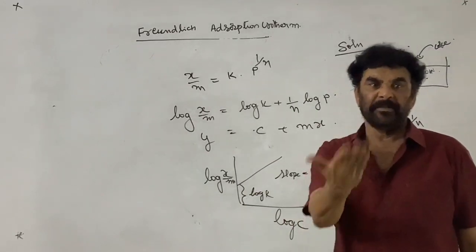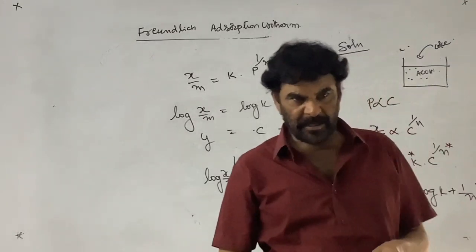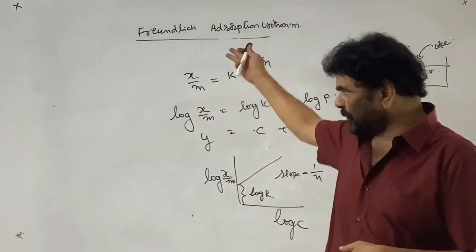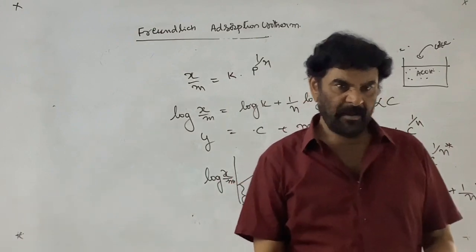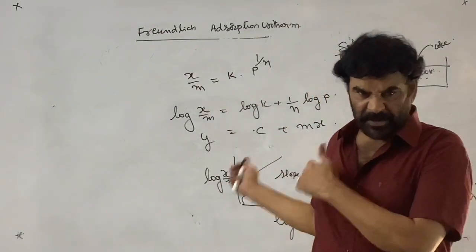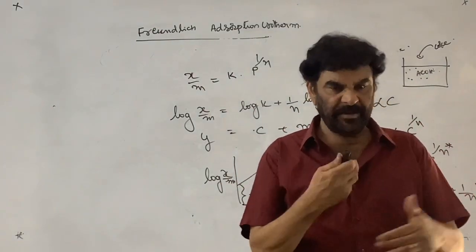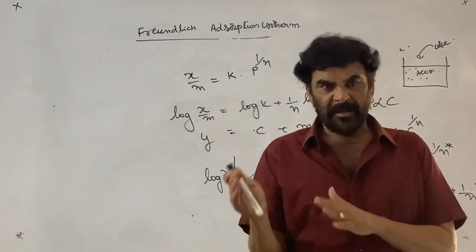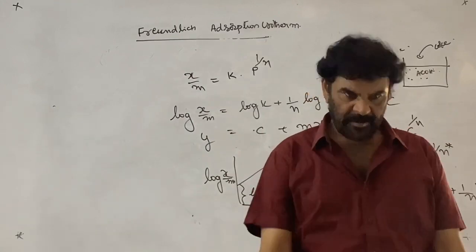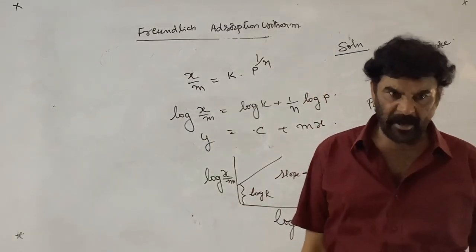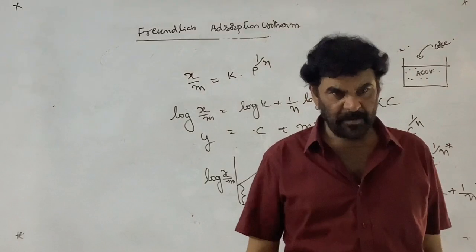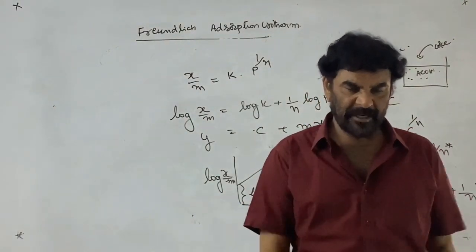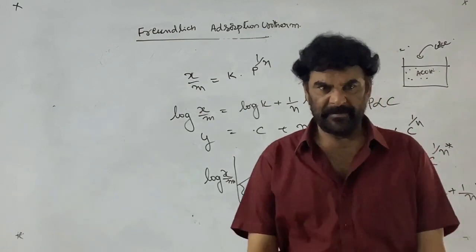In order to explain the behavior of the extent of adsorption of a gas in terms of pressure, when the pressure is varied, Langmuir proposed another adsorption isotherm, supported by a theory. Thank you.